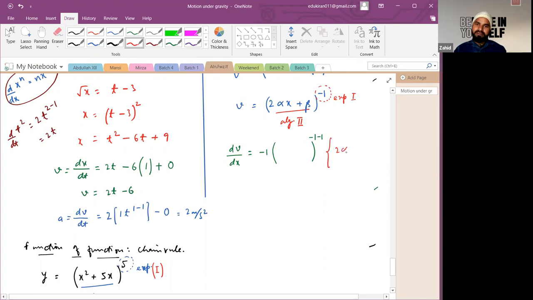So 2 alpha being a constant, x having exponent 1, on differentiating it you will get just 1. Plus beta, which is nothing but a constant term, so on differentiating, it will be 0. Write the second function as it is for the first part, so it will be 2 alpha x plus beta.